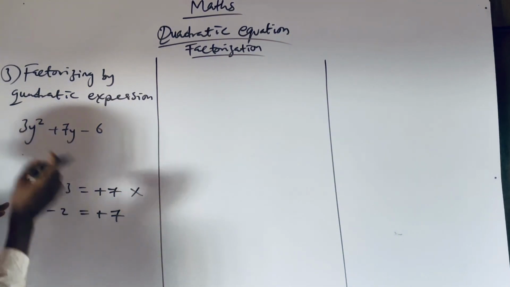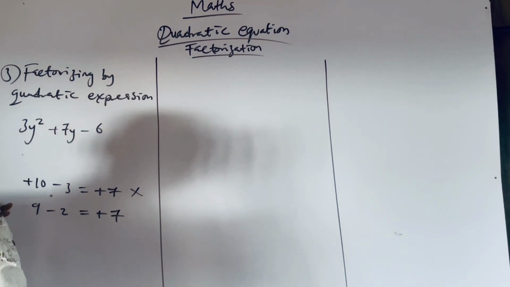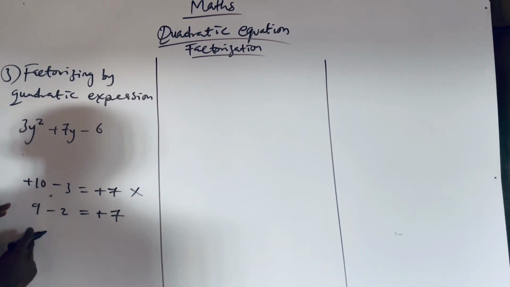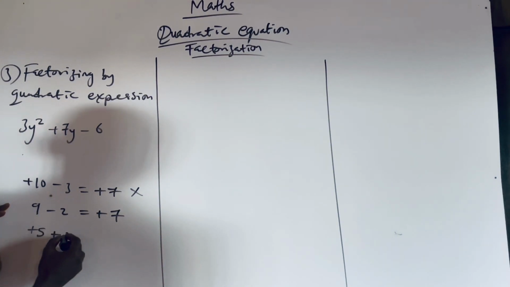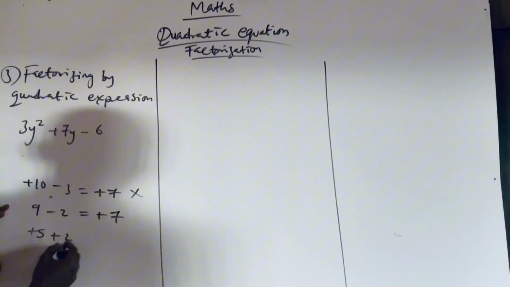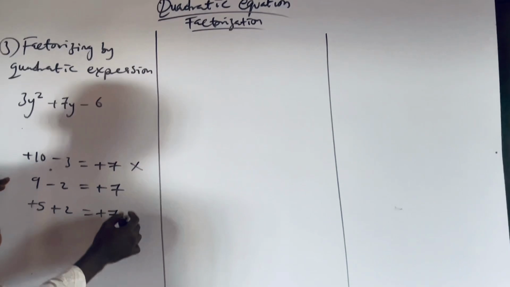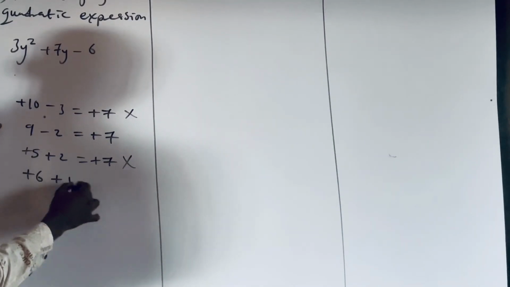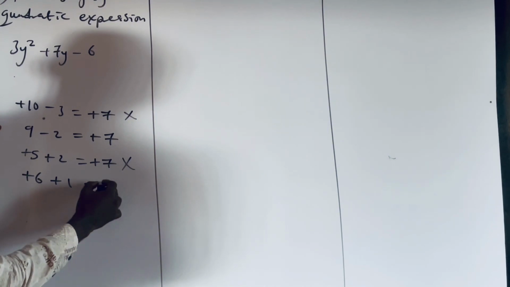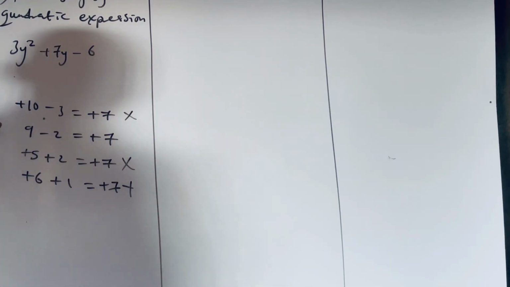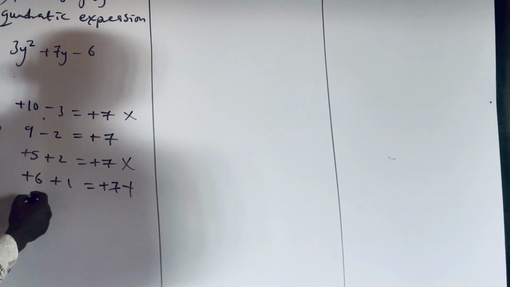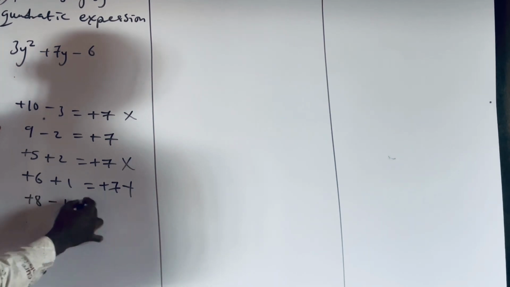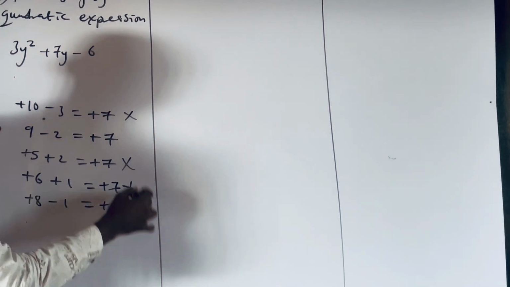Another one is plus 5 plus 2, but it cannot fit in here. Plus 6 plus 1 will give us plus 7, but it cannot fit in here. Plus 8 minus 1 will give us plus 7, but it cannot fit in here.